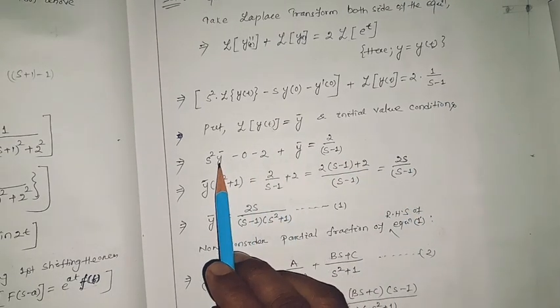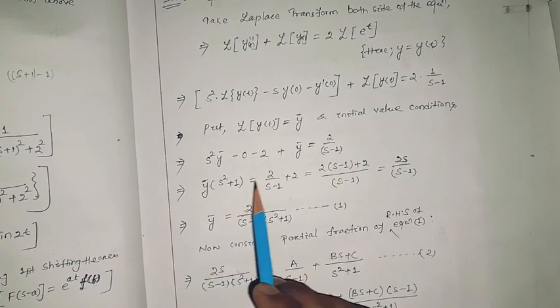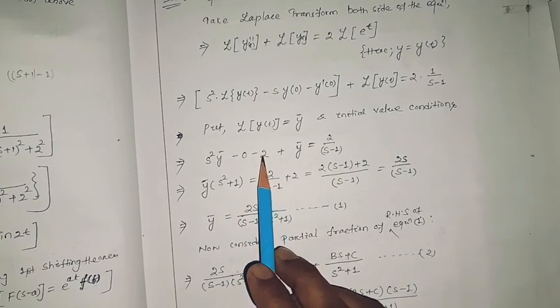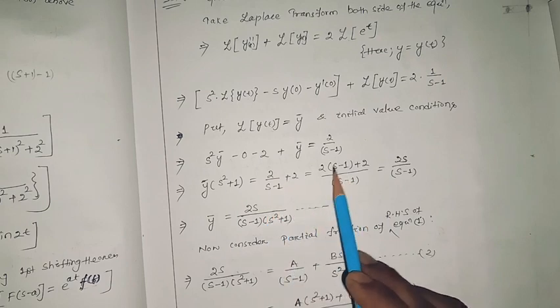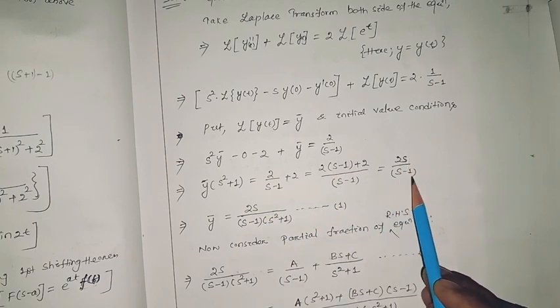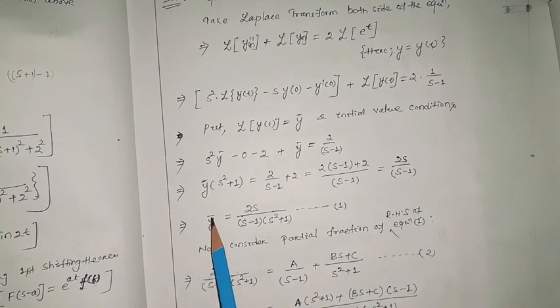So here y bar is taken common, s squared plus 1, equal to, this 2 is taken to this side, 2 by s minus 1 plus 2. Simplified, we found 2s by s minus 1, and that implies y bar equals 2s by s minus 1 into s squared plus 1. Let this be equation number 1.